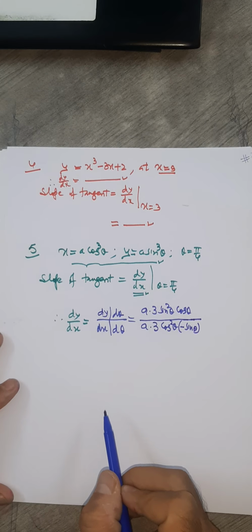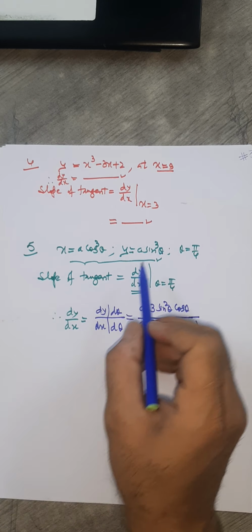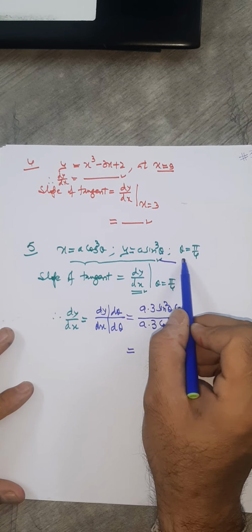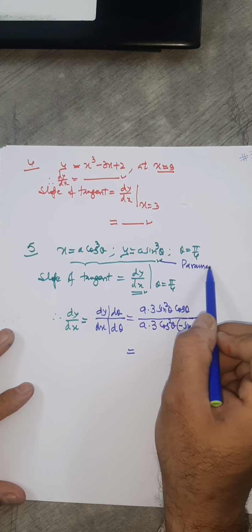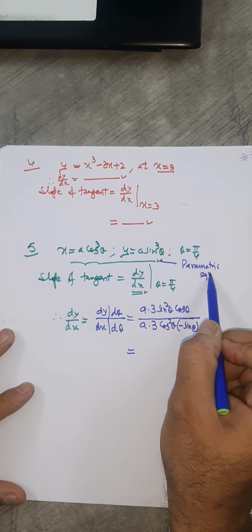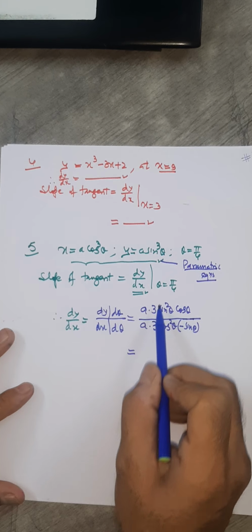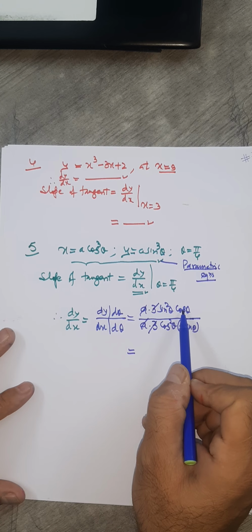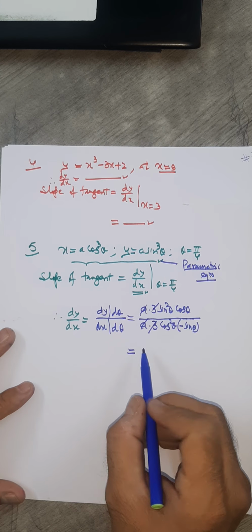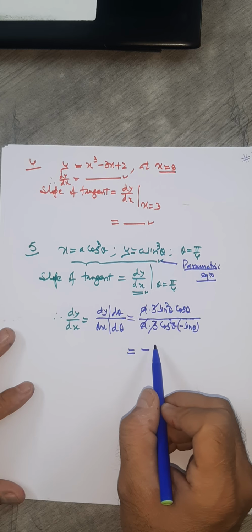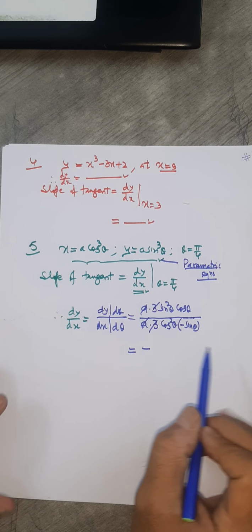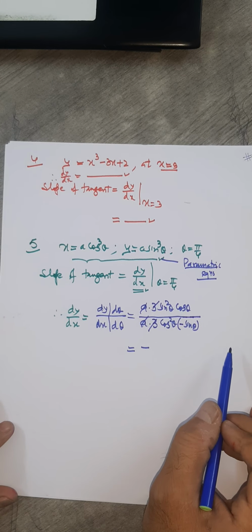Fine. This is simply, you know, differentiation. Derivative of y with respect to theta, derivative of x with respect to theta. These are parametric equations. You know it. Parametric equations. Just for your information. Okay. 3a will get cancelled, 1 cosine will get cancelled, 1 sine will get cancelled, minus sign is there. So what we'll get from this? We will get here, just a minute here.